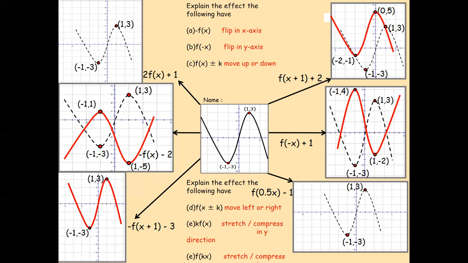So let's do the first one. Move to the left by 1, flip it across your x-axis because of that minus, and then move it down by 3. Okay, so just a combination of each, and then you can now put your points once you're done.